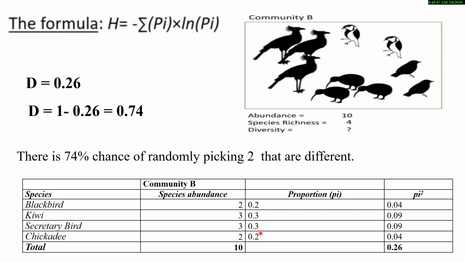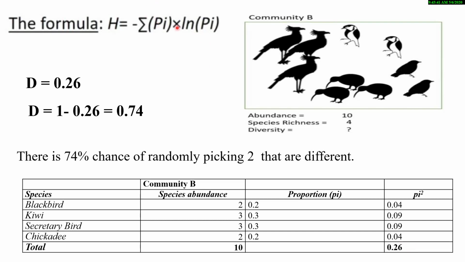To compute the PI square, you take the square of this, this and that, you get these values. You take the summation of these squares. When you take the summation, you are going to get 0.26.